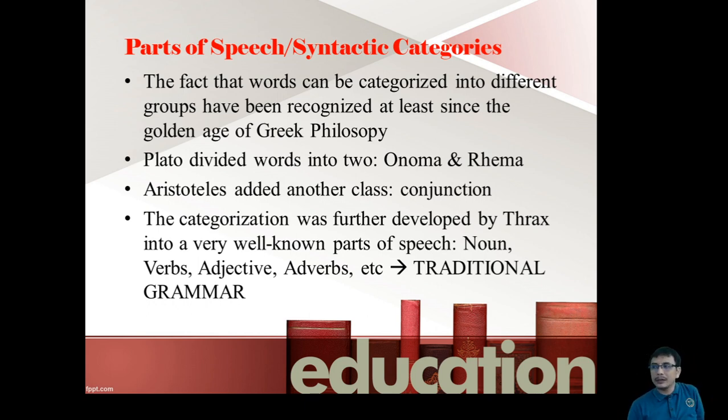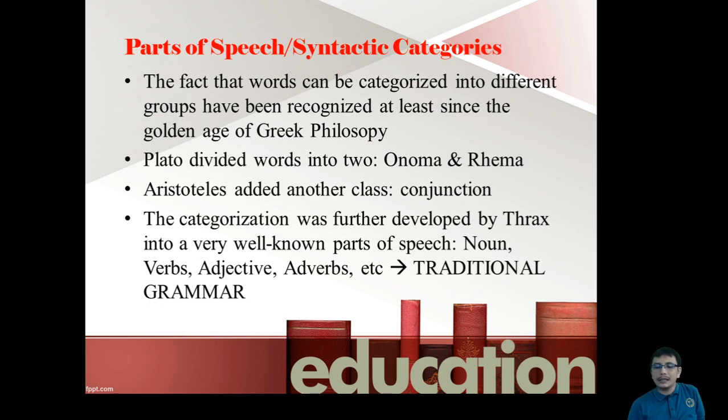and rhema, the category of words that do not belong to nouns. Aristotle then added another class that we call junction. This categorization then evolved and was developed by other Greek philosophers. For example, Dionysius Thrax divided them into what we now call parts of speech.